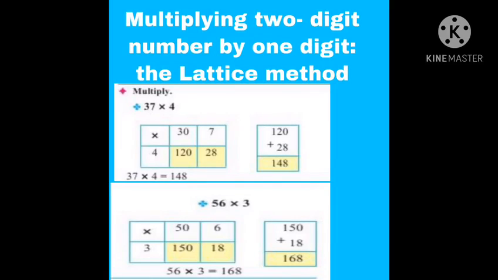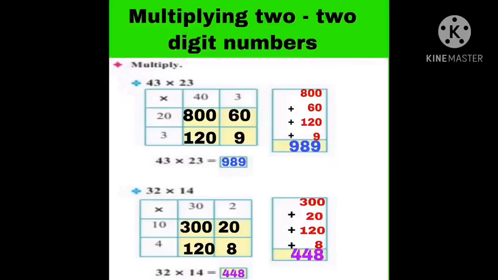Again multiply: 50 3s are 150, that is 5 3s are 15, and that 0 put down, you get the answer as 150, and 3 6s are 18. Then you have to add the numbers, that is 150 plus 18, and together when we add it, we get the answer as 168. That means 56 multiplied by 3 equals 168 is the answer.